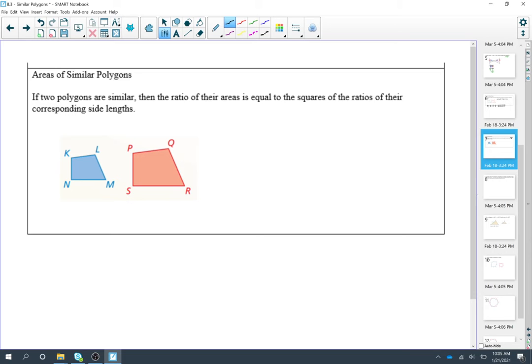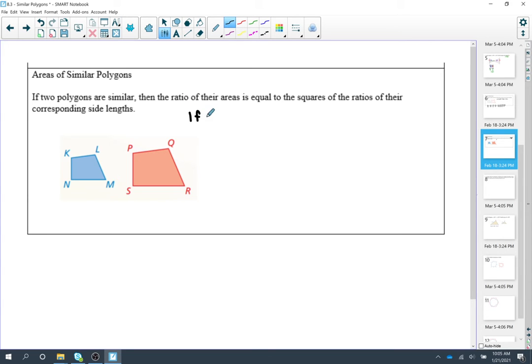Areas of similar polygons. If two polygons are similar, then the ratio of their areas is equal to the squares of the ratios of their corresponding side lengths. So this time we're not talking about perimeter, we're talking about area, and it says the squares.